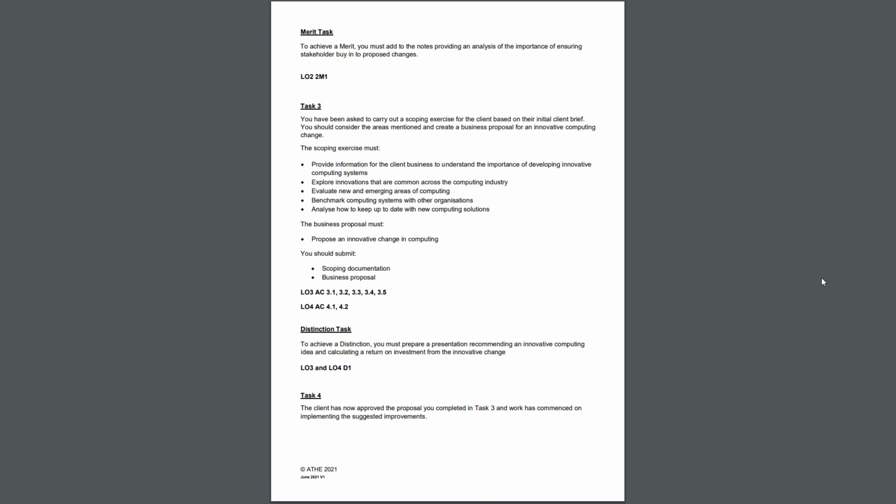The scoping exercise must provide information for the client business to understand the importance of developing an innovative computing system, explore innovations that are common across the computing industry, evaluate new and emerging areas of computing, benchmark computing systems with other organizations, and analyze how to keep up to date with new computing solutions.